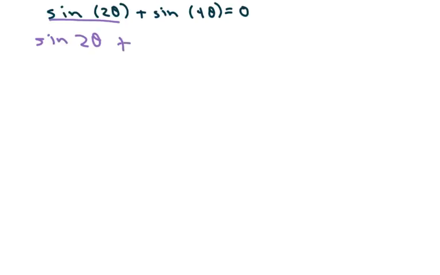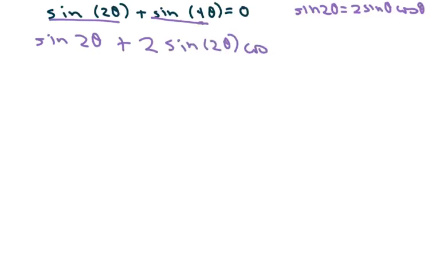And this one can be written, we know sine of 2 theta equals 2 sine of theta cosine of theta. So when you have the 4, that just means it's going to be 2 sine of 2 theta cosine of 2 theta. You're just breaking out the 4 here.